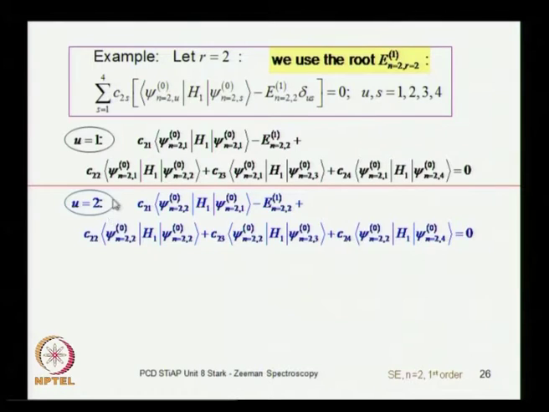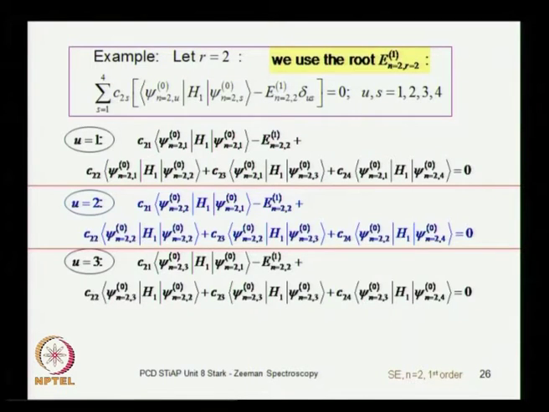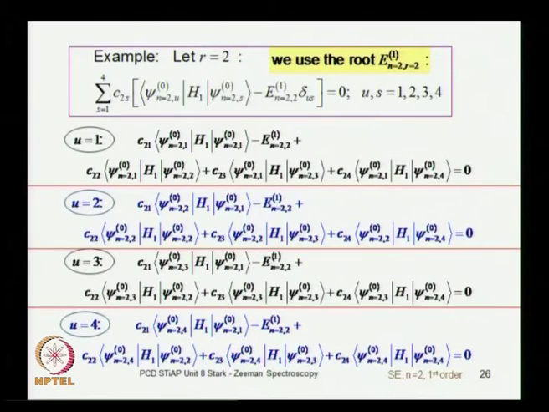Okay. So, you will have a total of these 5 terms, and there is a similar set of terms for u equal to 2, u equal to 3, and u equal to 4. So, all you do is substitute the different values of r, u and s.